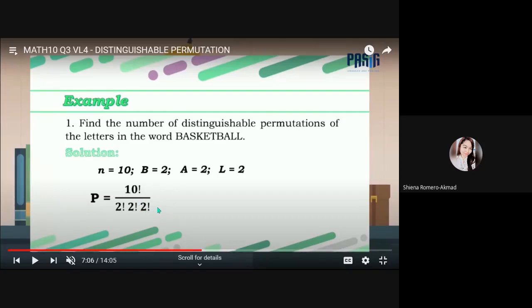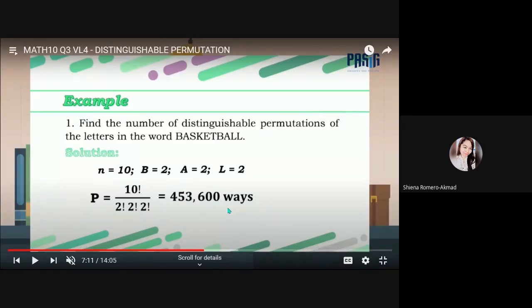May mga kasunod pa yan dapat na 1 factorial, mga 4 na 1 factorial. Yung 4 na yon plus 2 plus 2 plus 2, that is 10. Yun lang yung sinasabi ko sa inyo, yung tamang pagsosolve nito, pero you can do this naman as if you want. Now, if you solve this using your scientific calculator, you'll have 453,600.